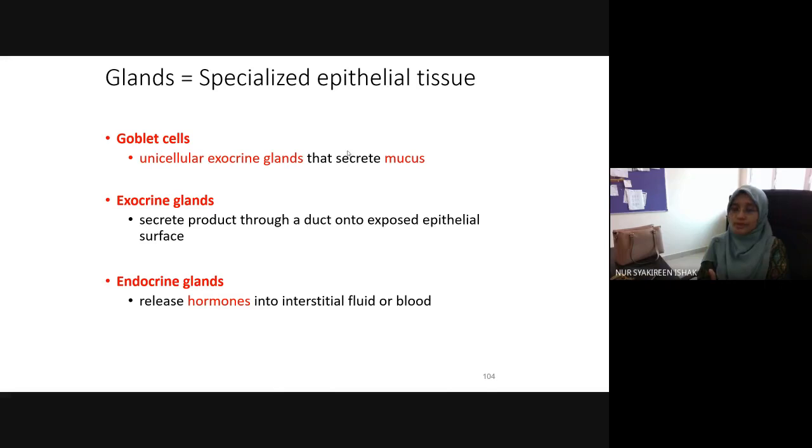Another place you can find goblet cells is the lining of the stomach. Your stomach produces hydrochloric acid, which is very acidic. So the acidic condition can cause the cells lining the stomach to be easily damaged.